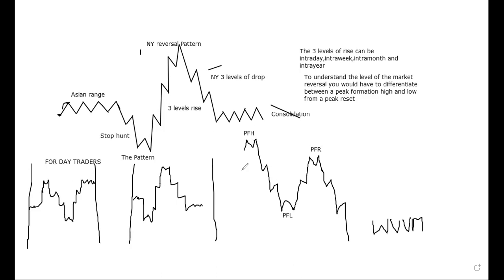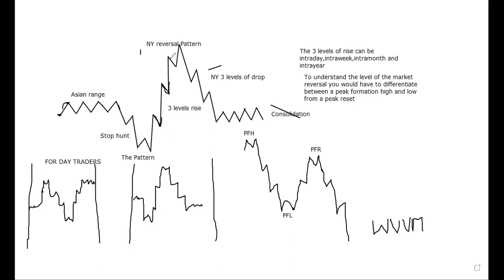Let's use this for example. This is a W formation, right? Now, as we move up, is this not a V? One V, 2 Vs, isn't it?